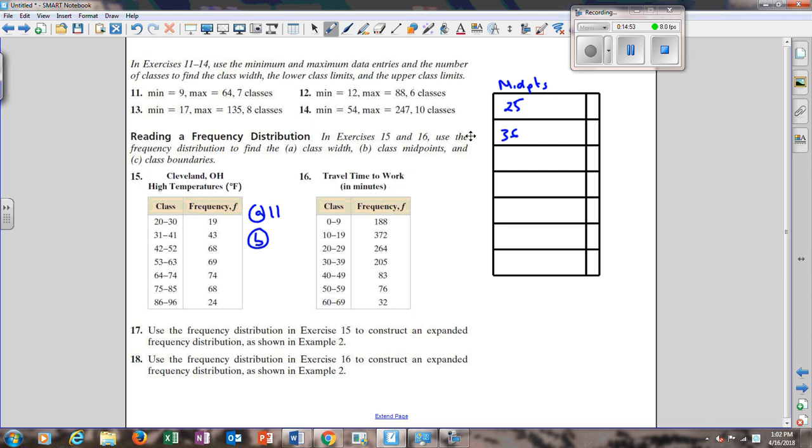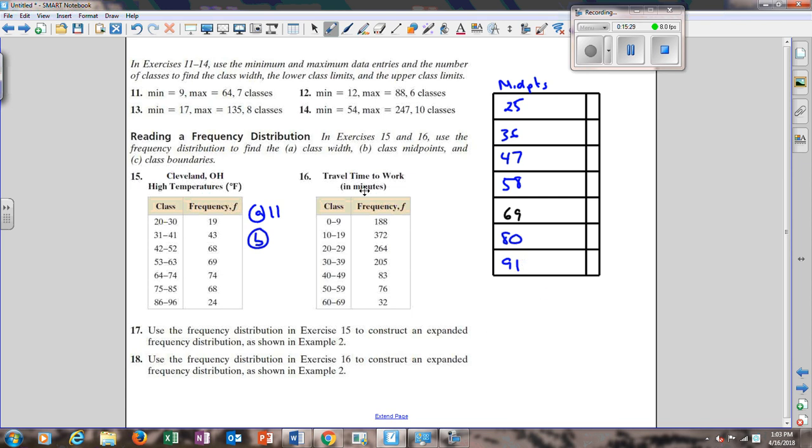Then 47. Next one's going to be 58. Then 69. Then 80, then 91. You'll notice something about the midpoints. I was real stupid just now and calculated them all. But if you look at the midpoints, they all go up by 11.